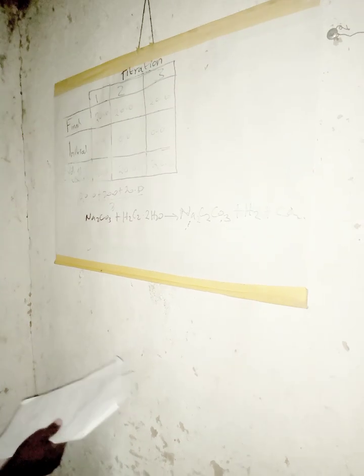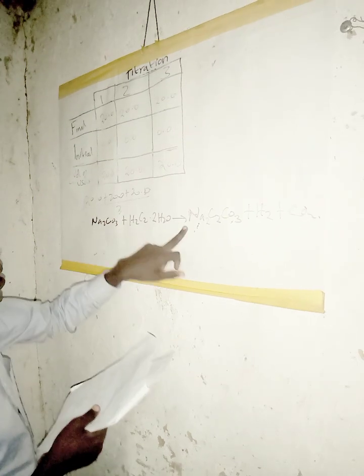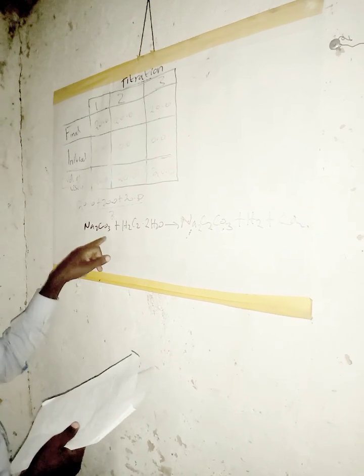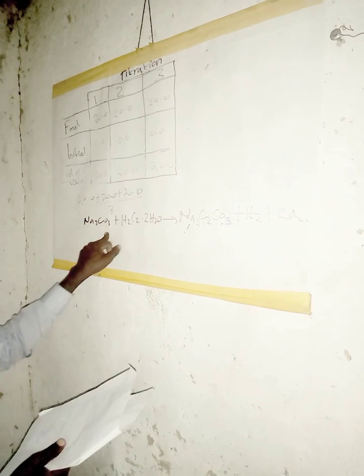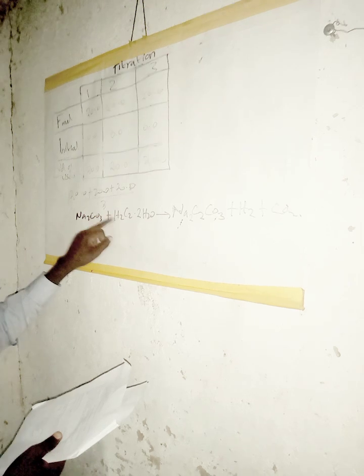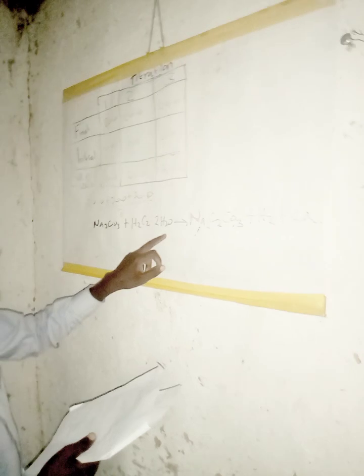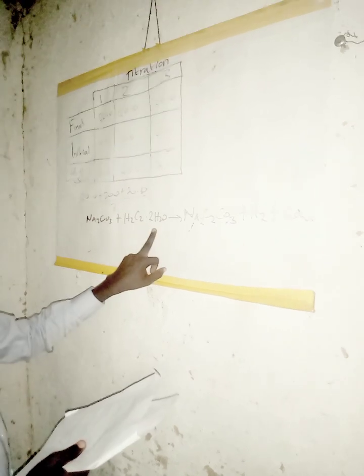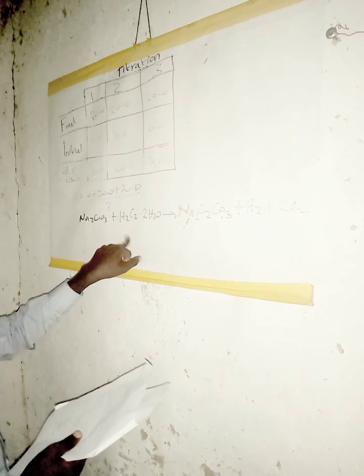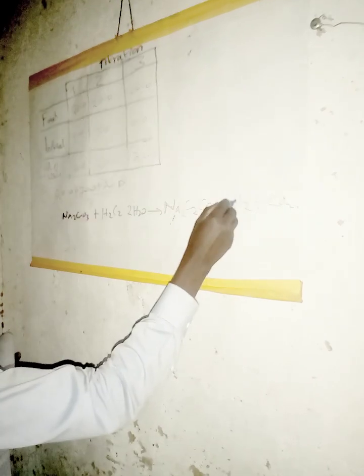Let us now balance our equation here. So we have sodium 2 atoms, carbon, we have 3, oxygen, we have 3 plus 2, that is 5, 3 plus 2, that is 5, hydrogen, we have 4, 2 plus 2, that is 4, that is now 8, here we have 4, we have 2, so we are going to put here what? 4, and I think our equation will be balanced.